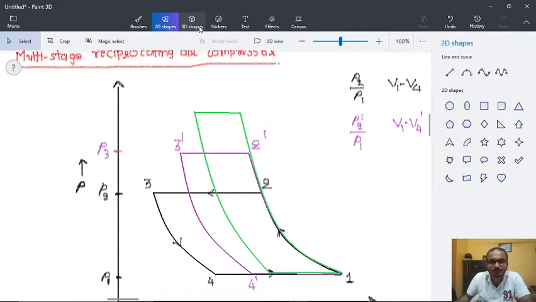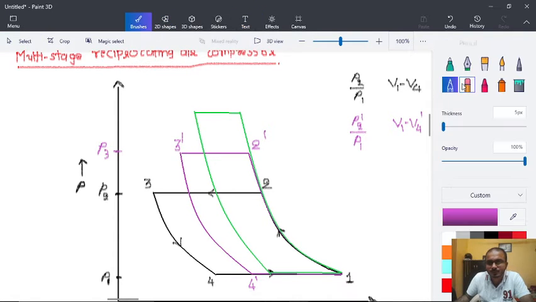It should be like 2 double prime, 3 double prime, and here it will be 4 double prime.